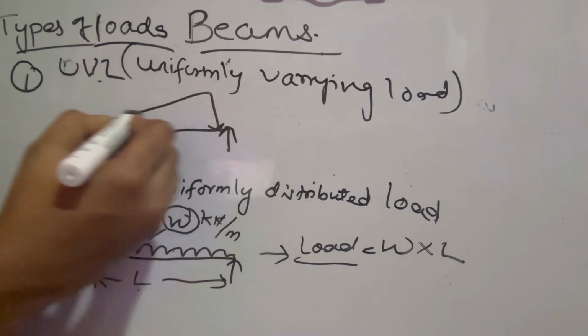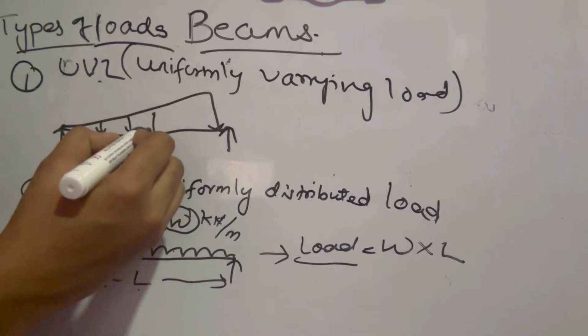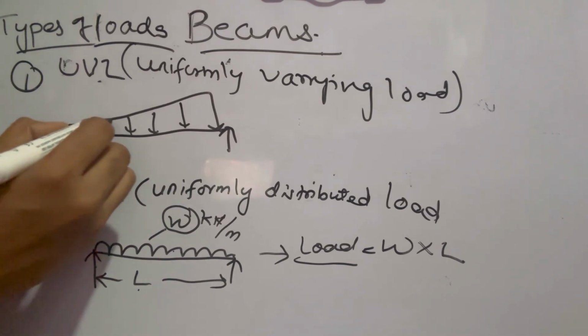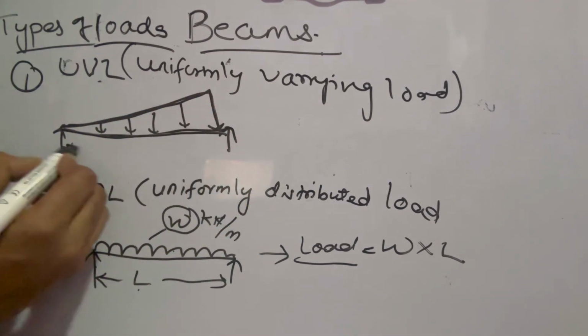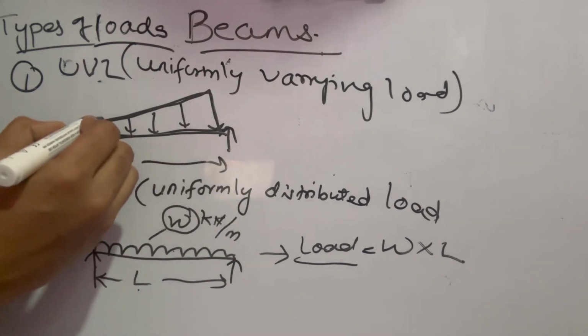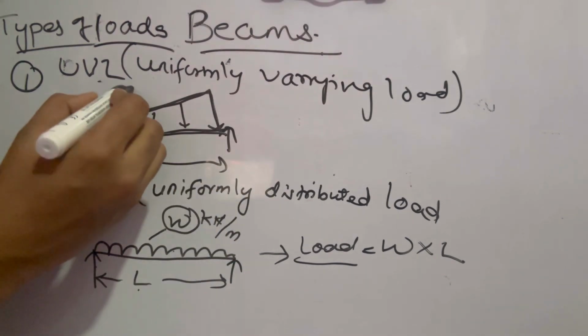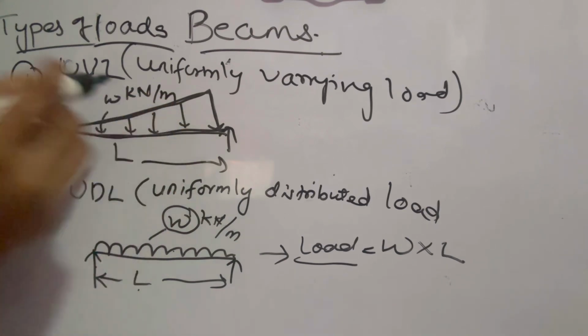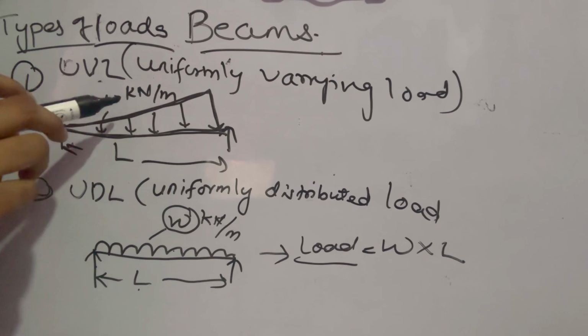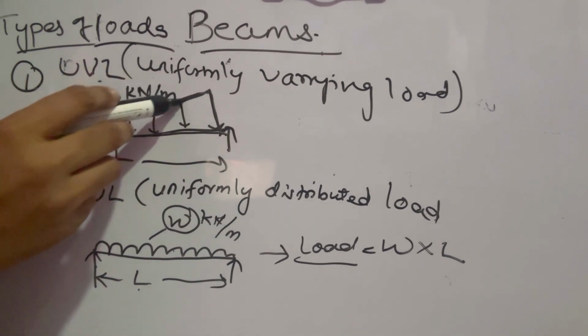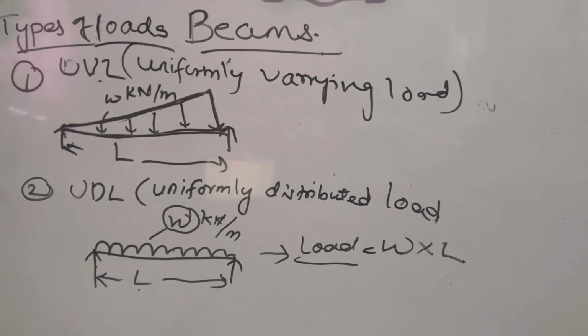This is denoted like a triangle, and whenever you are calculating any reaction, the first thing is to convert this UVL into the point load. It is also denoted in kilonewton per meter only because the load is acting over the whole span. So the unit is kilonewton per meter.